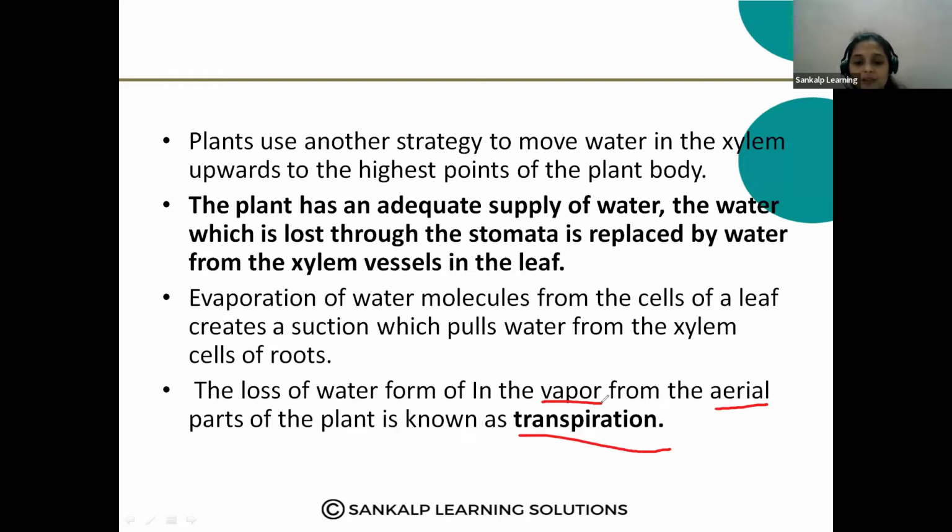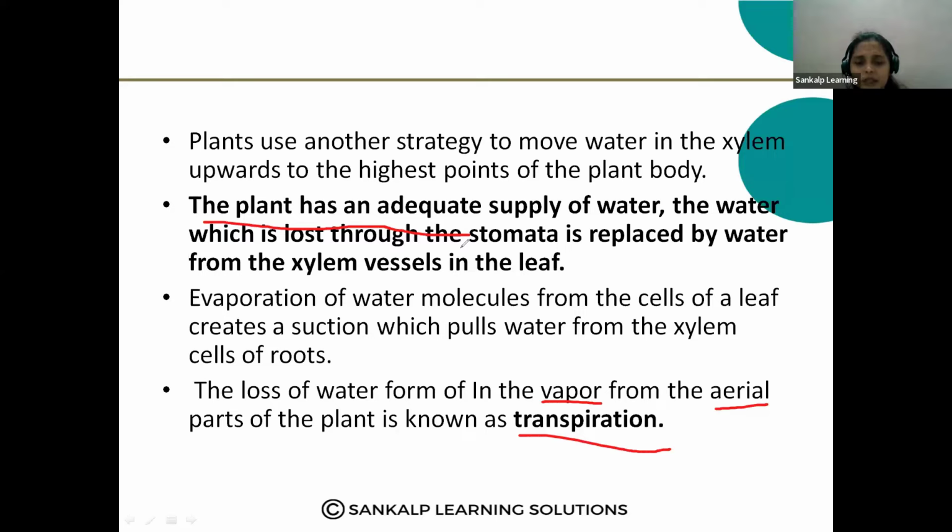When the plant has an adequate supply of water, meaning there is a larger quantity of water present in the environment, then the transpiration process takes place.